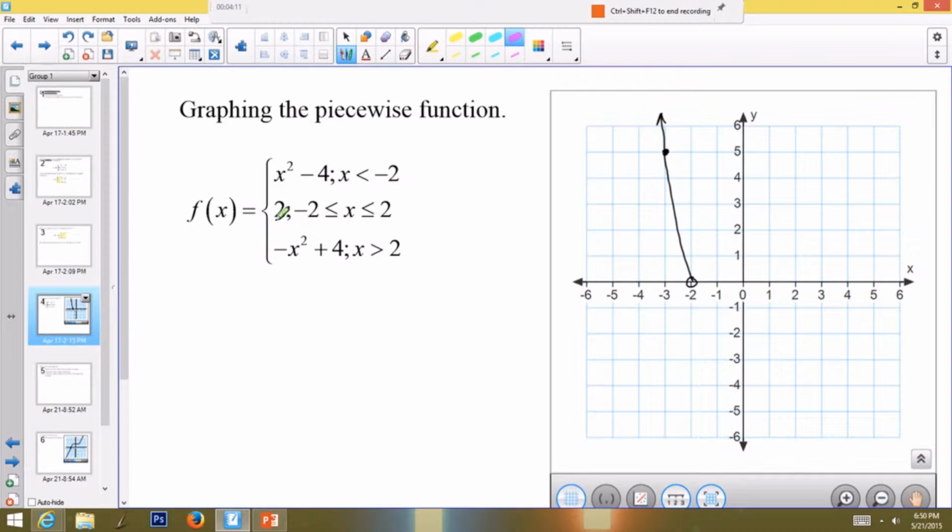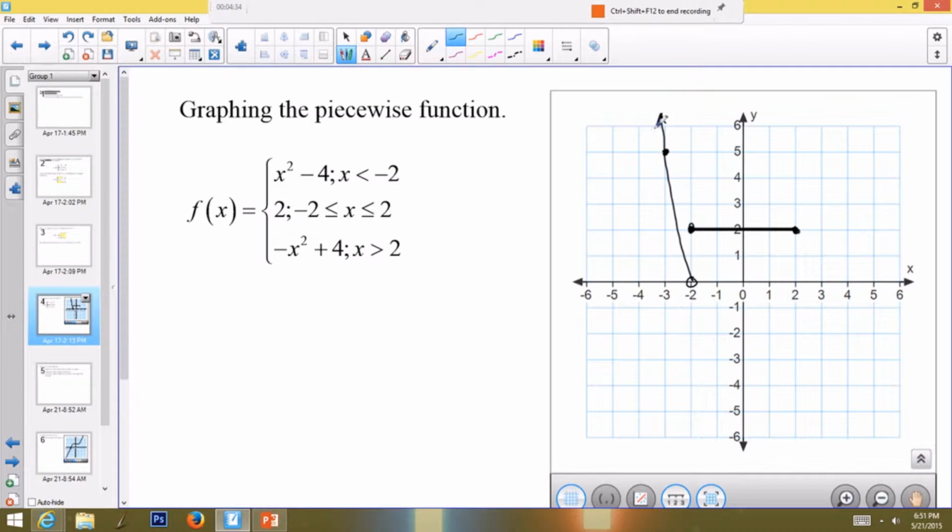The subfunction is just a constant, and it is the same wherever, and that is a horizontal line. So I'm just going to draw in a horizontal line from negative 2 to positive 2, and this is inclusive, so I'm going to include a closed dot right here and also right here.